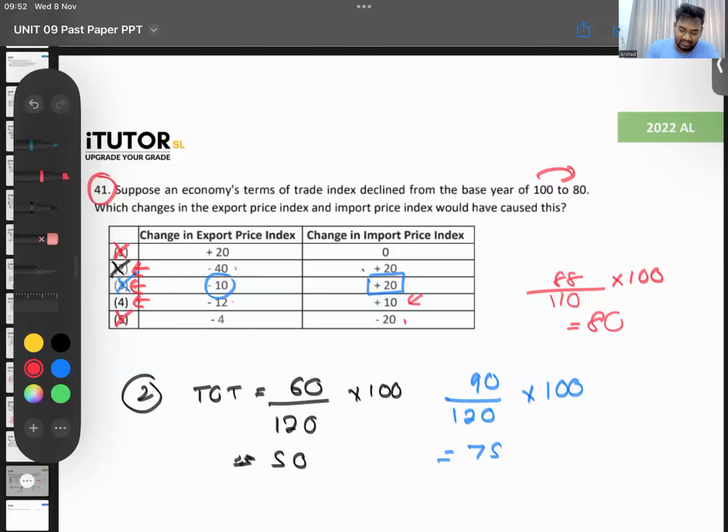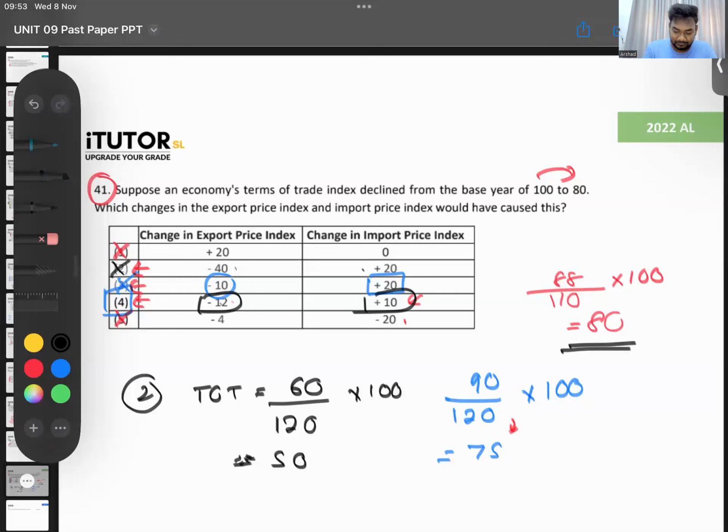Third is 75, fourth is 80, right? This has fallen by 10, increased by 20 is 75. So fourth one has to be your answer. You eliminate the ones that you can't get, the ones where the TOT will increase. There are 3 answers where the TOT will fall. For those you calculate quickly and see. So very simple MCQ.